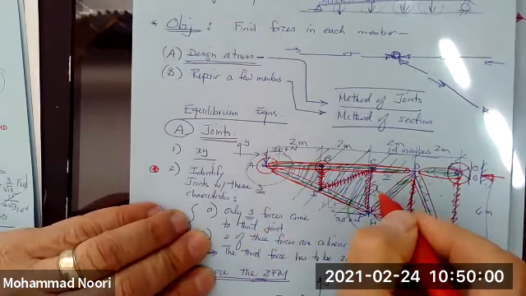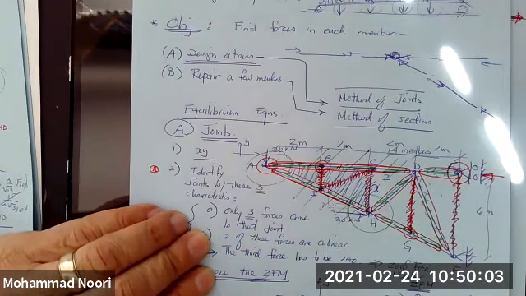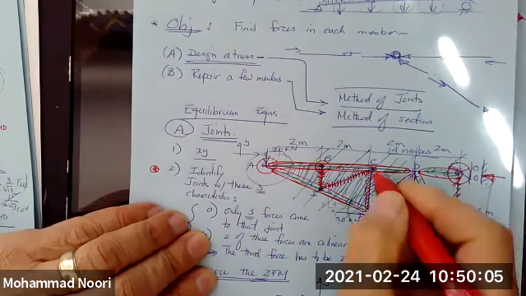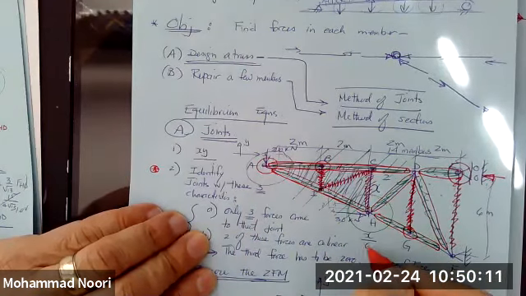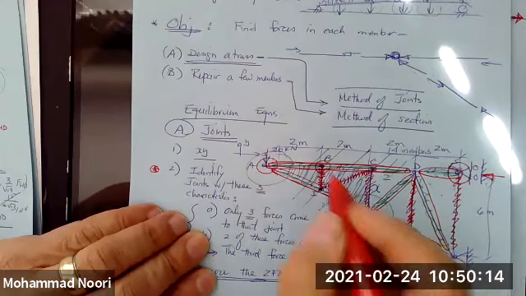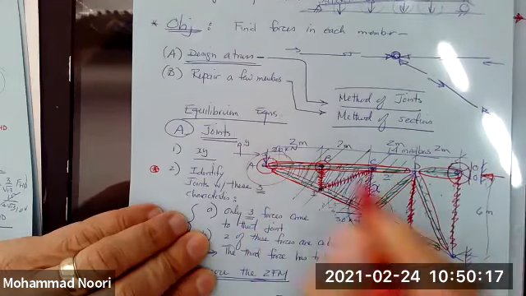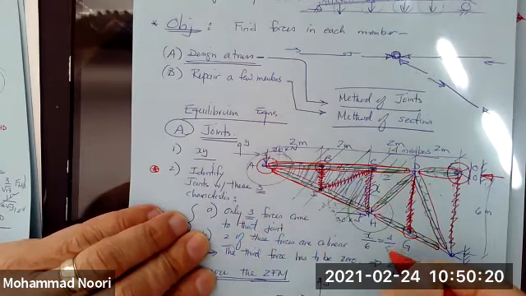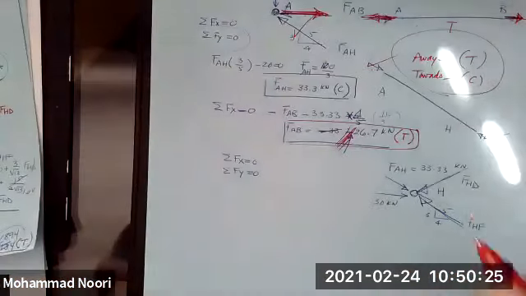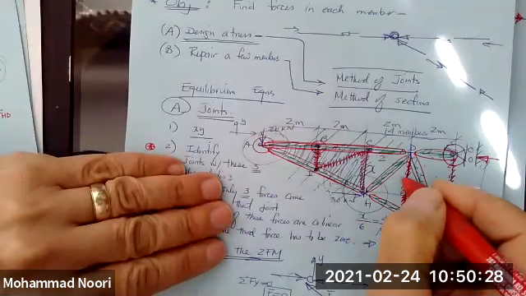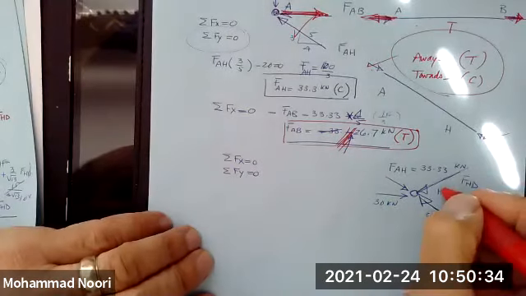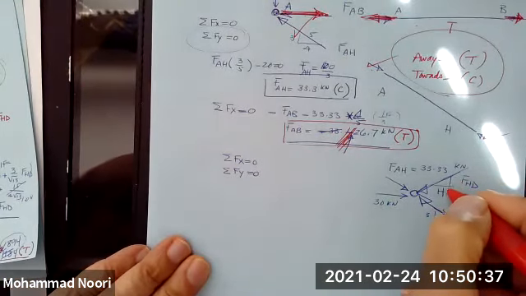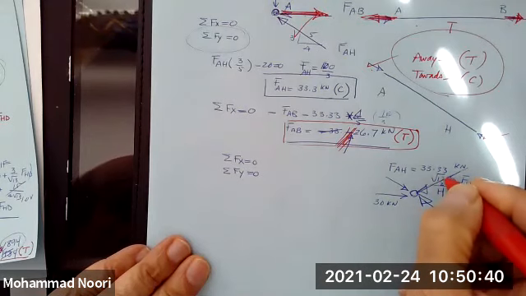I call that X. X over 2 is equal to 6 divided by 4, wait, the corresponding similar triangle gives 4 divided by 8. So X comes out to be 3. So this is 3, 2, and this is square root of 13.